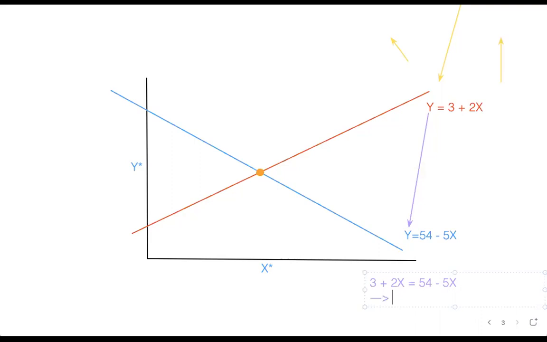So in this case, it's pretty obvious, I think. So an intermediate step would be 7x is equal to 51, right? And then I would get x is equal to 51 divided by 7.